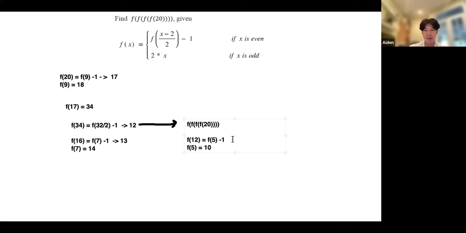So finally, once we have that, we can find that f of 12 is equal to 10 minus 1, which is 9. And since f of 12 is equal to 9, and this is the final one, our answer is 9.